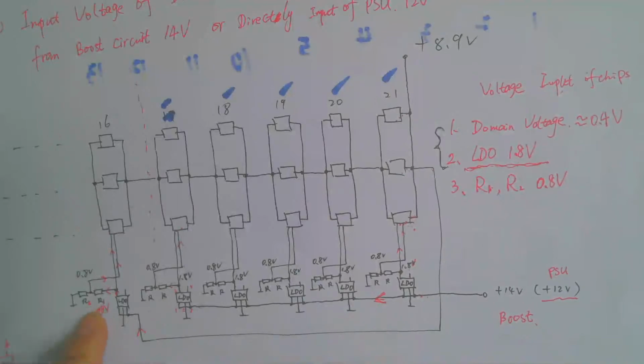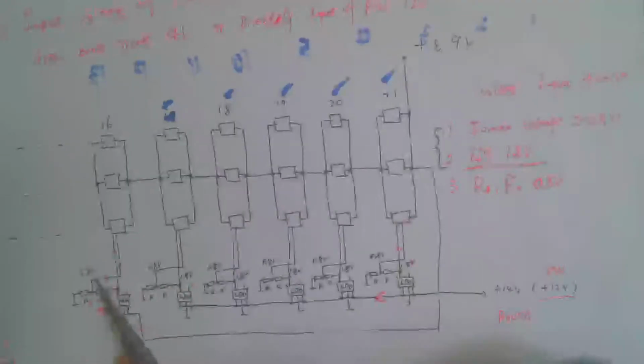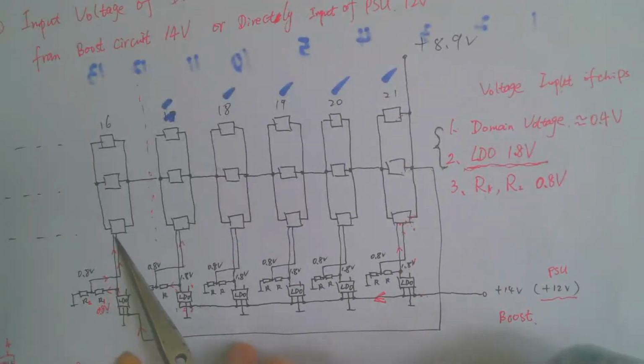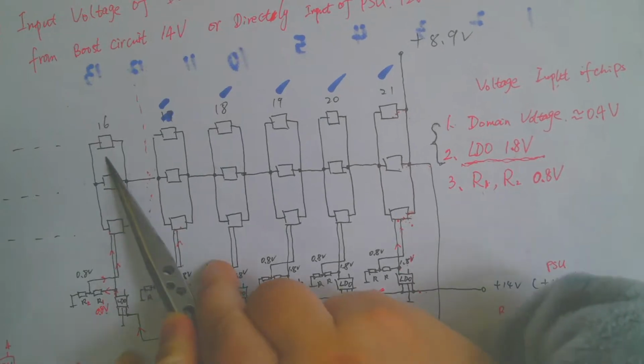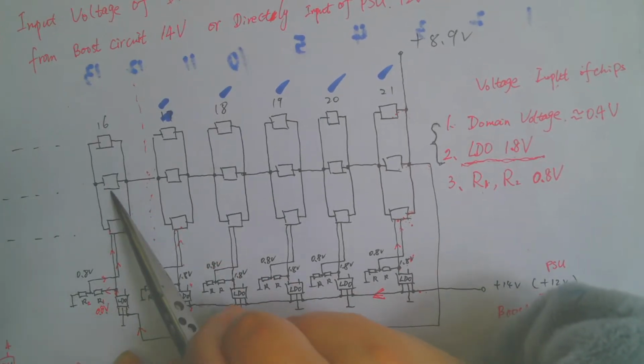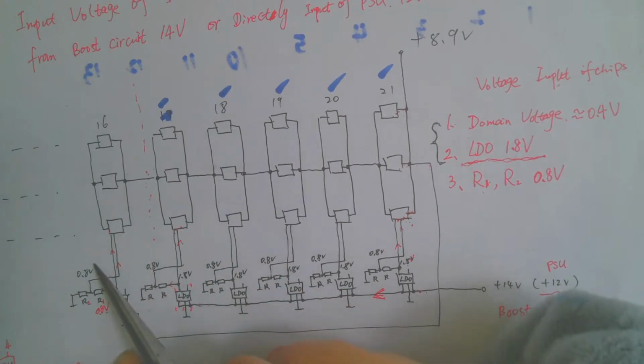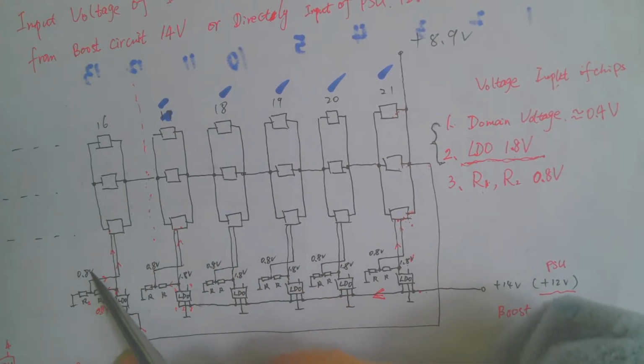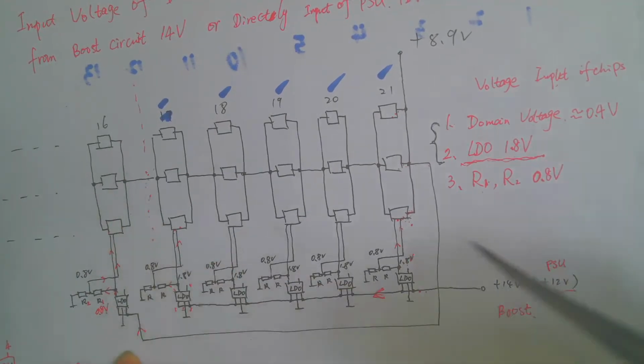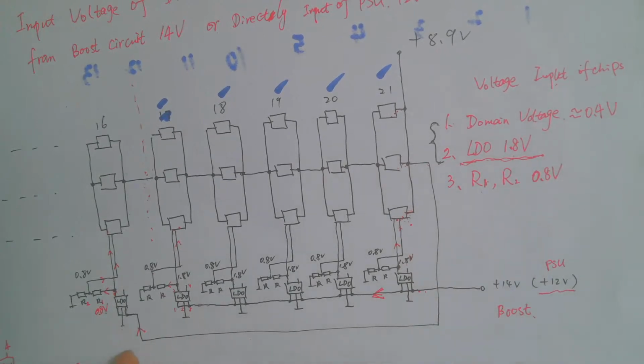The resistors take 1.8 volt input from the LDO and output 0.8 volt, also to the domain's chips. So every chip also gets 0.8 volt. So this is the third input voltage to the chips.